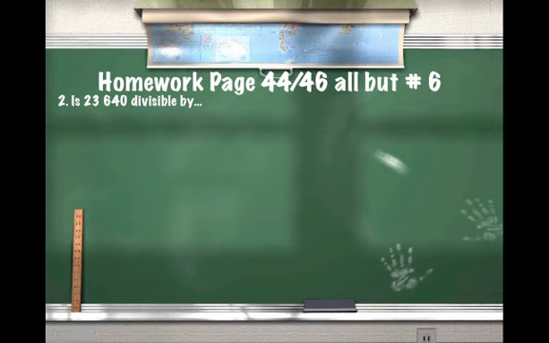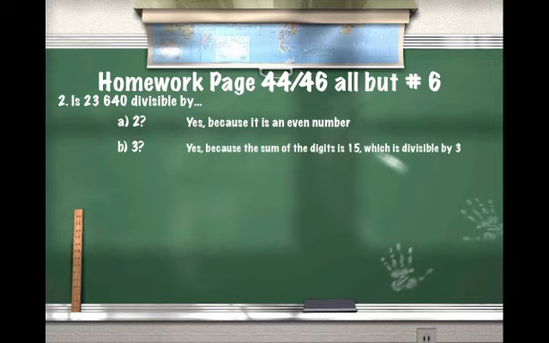Question number 2. Is 23,640 divisible by the following numbers? By 2. You have to say yes or no and then provide an answer as to why. It is divisible by 2, yes, because it is an even number. By 3, yes, because the sum of the digits is 15, which is divisible by 3. 4, yes, because 40 is divisible by 4.